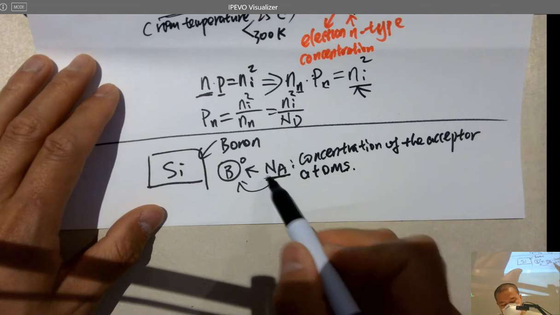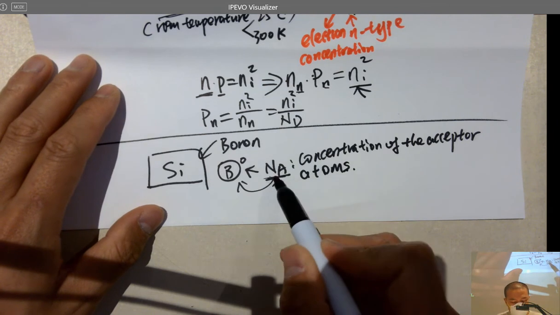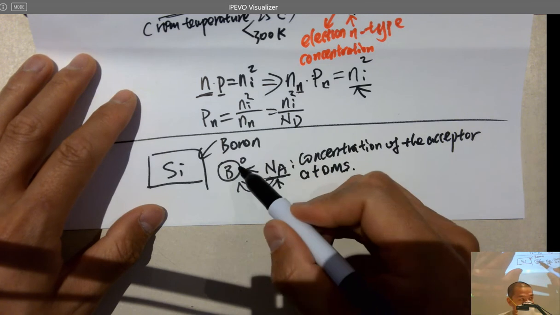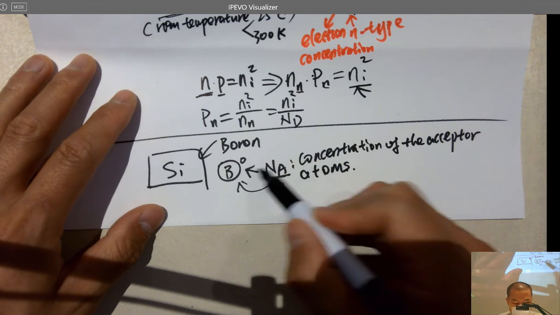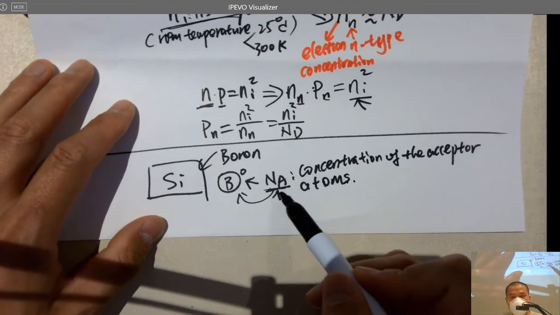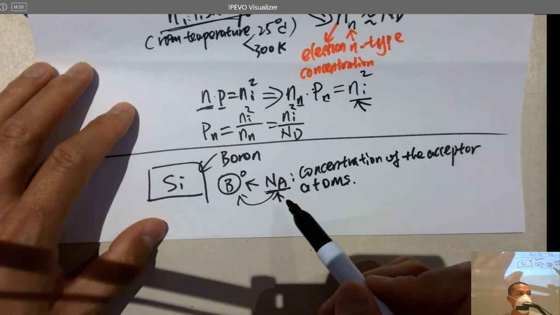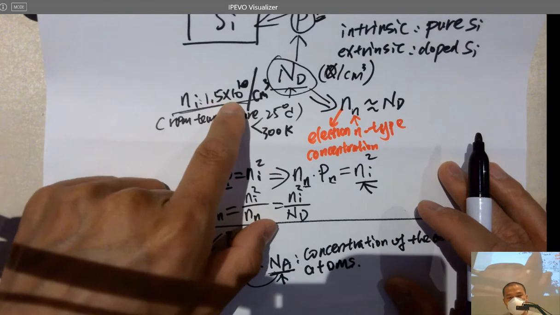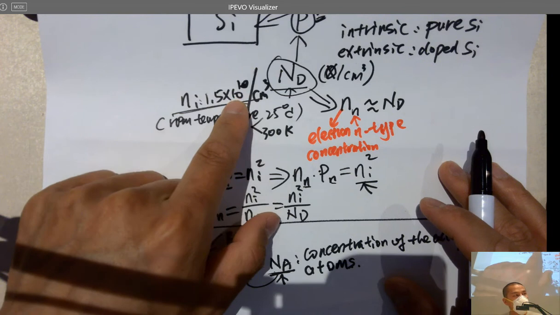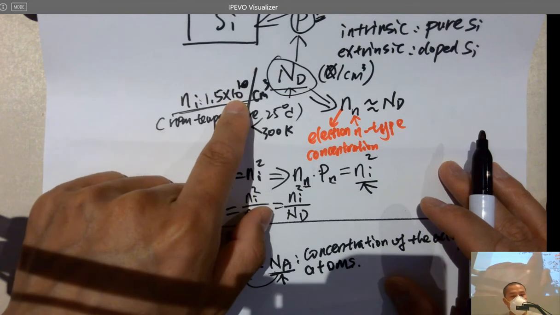So if you have this much acceptor atoms in there, we can consider that you'll have this many free holes in the doped silicon because this number just dominates. There might be 1.5 times 10 to the 10 free holes in there at the very beginning for the intrinsic silicon.